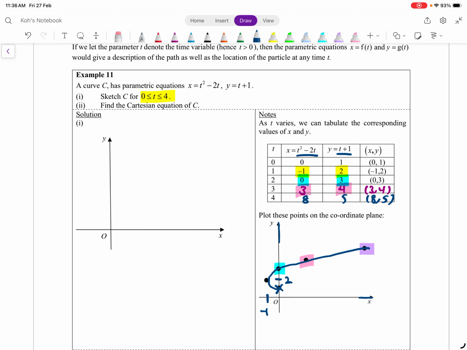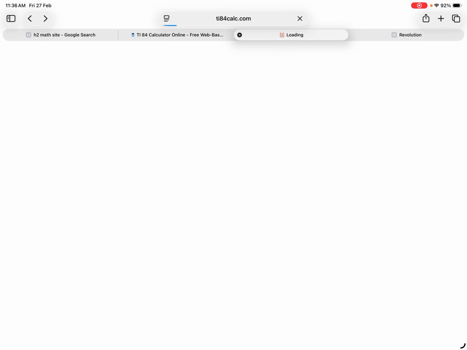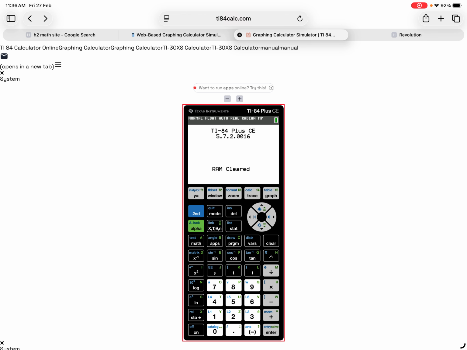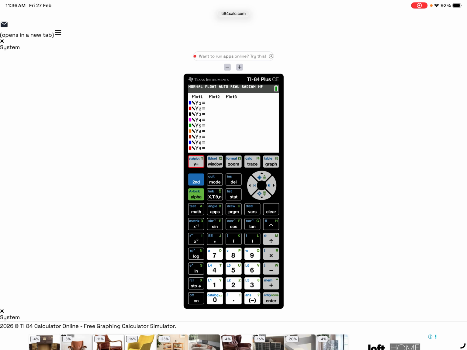So let's see how we actually use the GC to sketch a parametric equation. Let's just say I go to mode, then you need to go to the parametric part. So here, enter, then you go back to y.